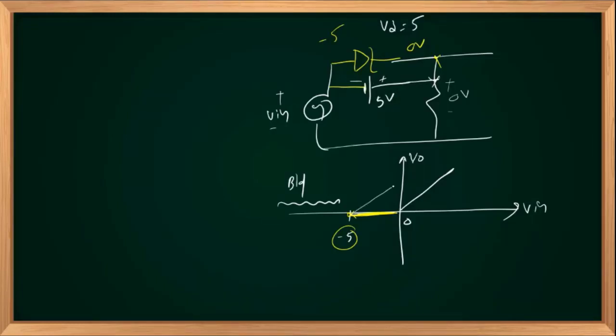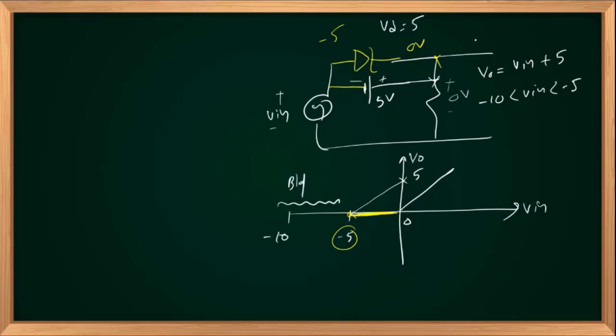So if you are adding this, the Y intercept will be positive 5, and V out is nothing but V in plus 5 if V in is between -10 and -5, because our limit is at -10.